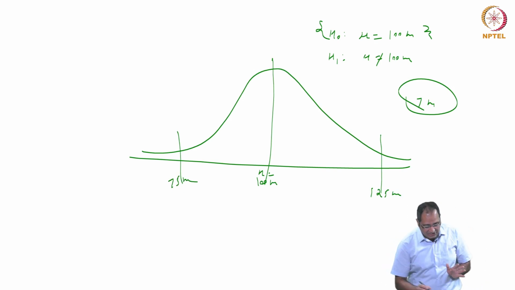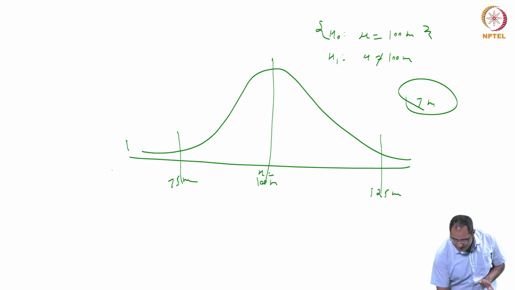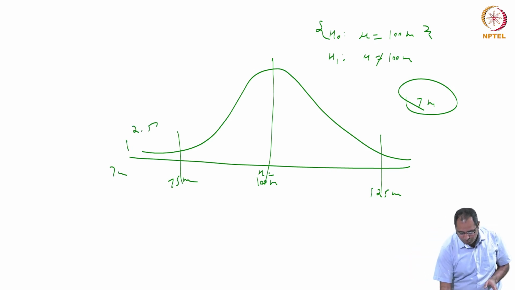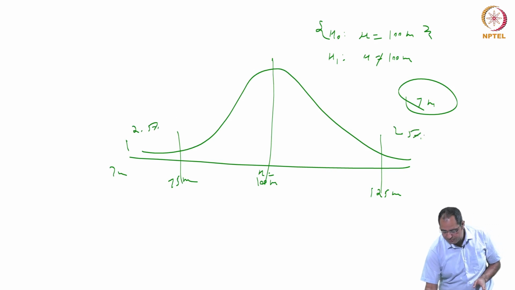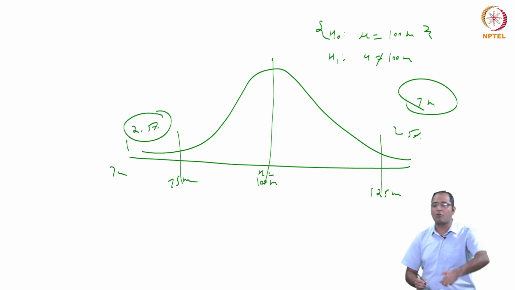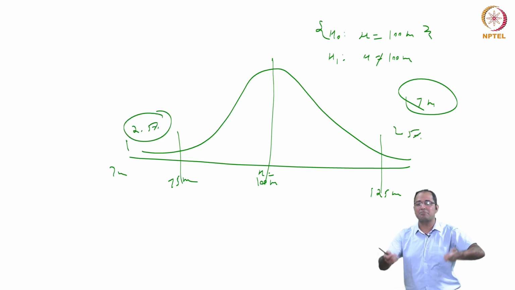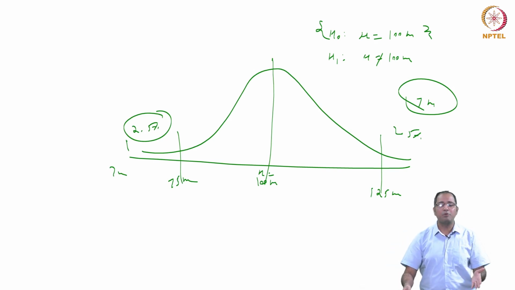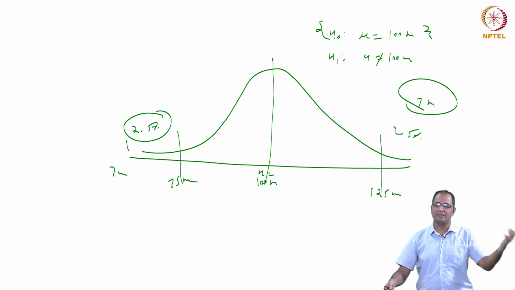I am getting a sample which is 7 meters, which is far on the left. This is 2.5%, 2.5%, which means the probability that I will draw a sample with such a low mean is very, very much less than 2.5%. It will be very, very less, even 0.001%.